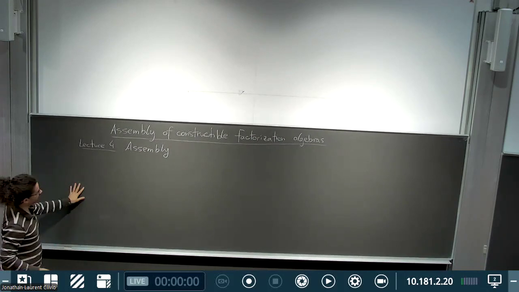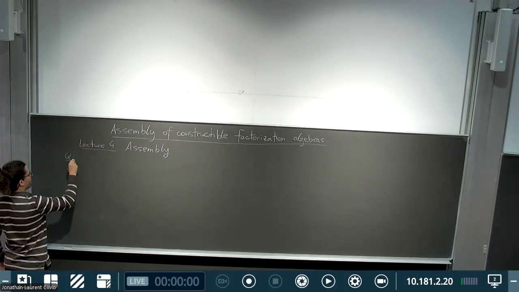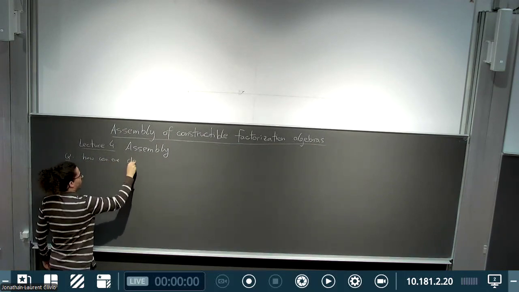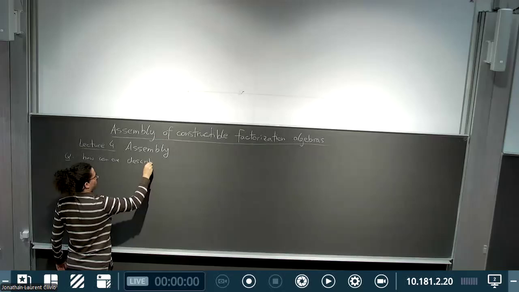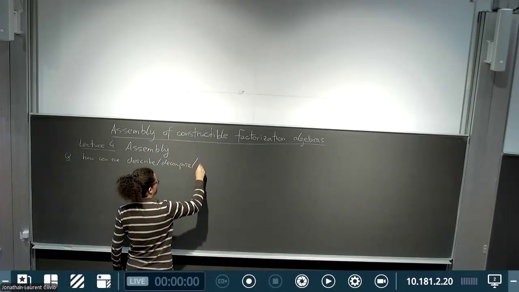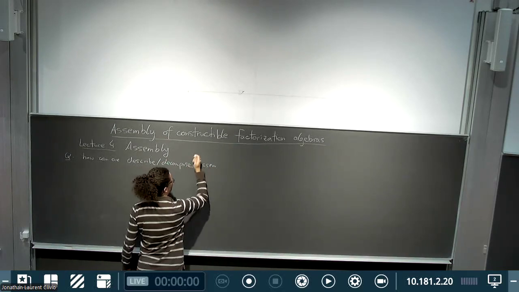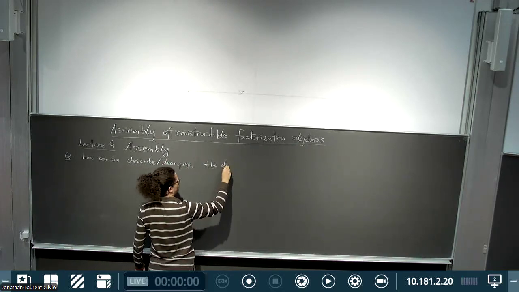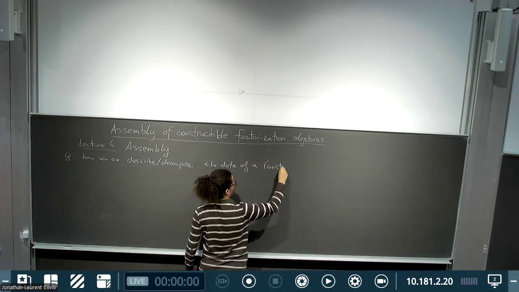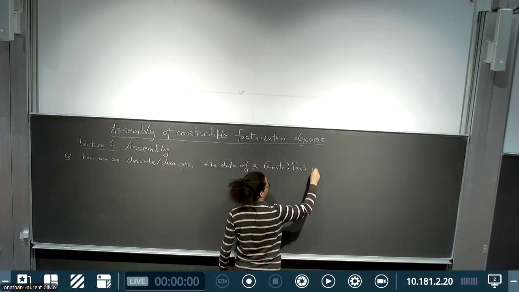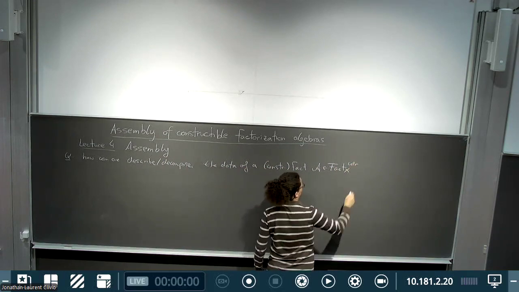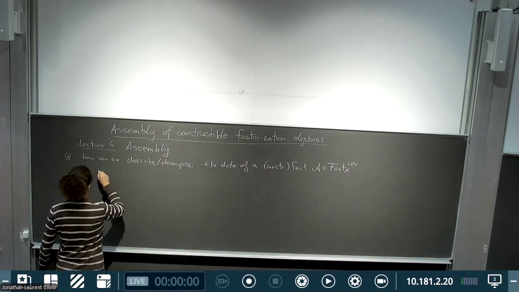So assembly is basically the question: how can one describe, or maybe decompose, or maybe assemble from, decompose the data of a, let's say, constructible factorization algebra in terms of some simpler pieces?